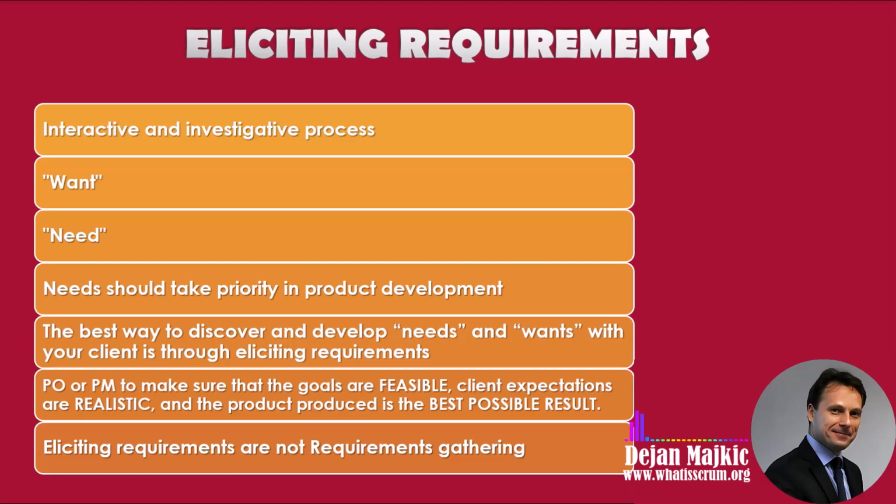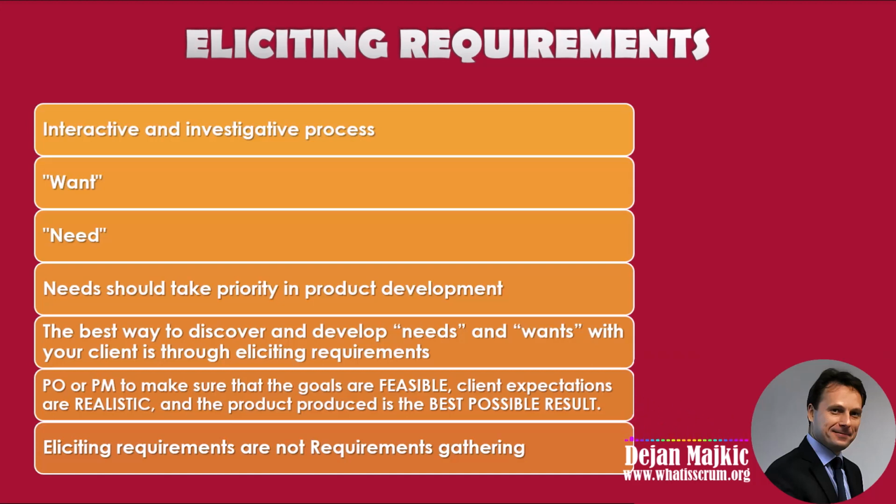Eliciting is a much more involved, interactive, and investigative process, and the result is exponentially better requirements. So better requirements lead to a better product. So it's always a good idea to take the time to make sure you get this right.